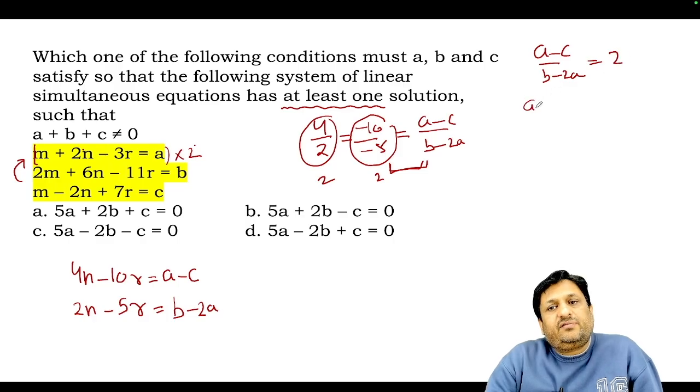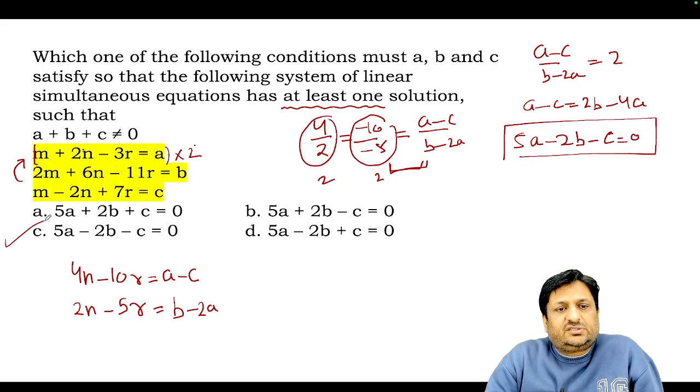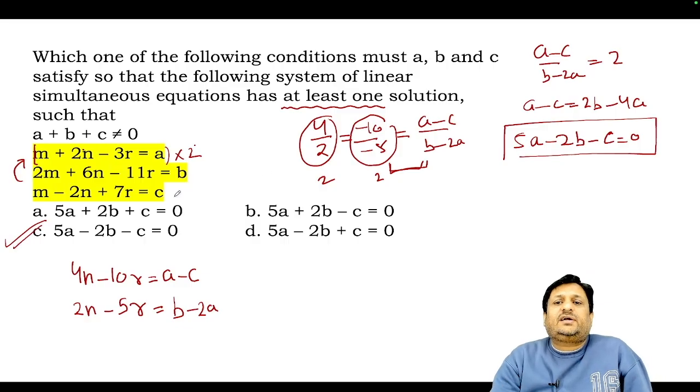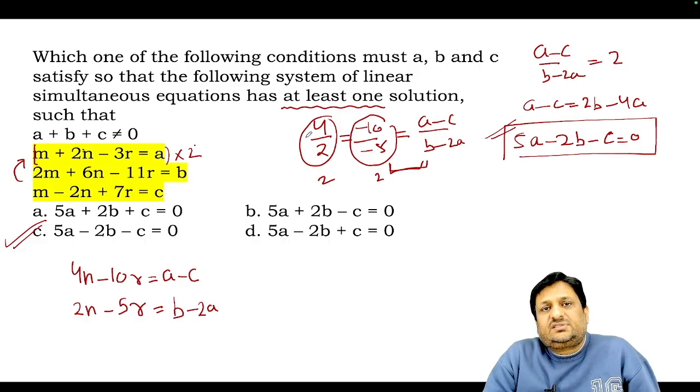If I cross multiply, I will get a minus c is equal to 2b minus 4a. Then minus 4a will come to the left hand side and become plus 4a, and plus 4a plus a will become 5a minus 2b minus c is equal to 0, and that makes option C my answer. So a, b, c should satisfy this condition so that this system will have at least one solution, and it will have infinitely many solutions in that case.